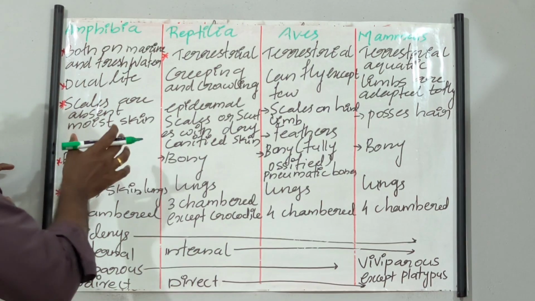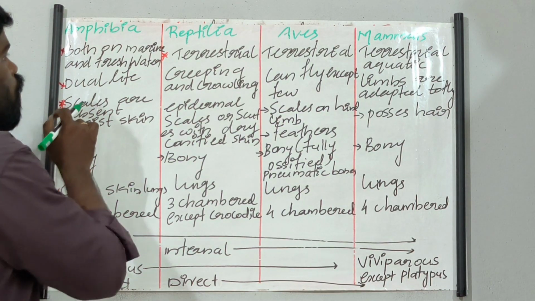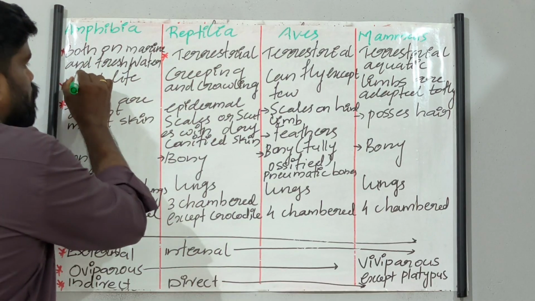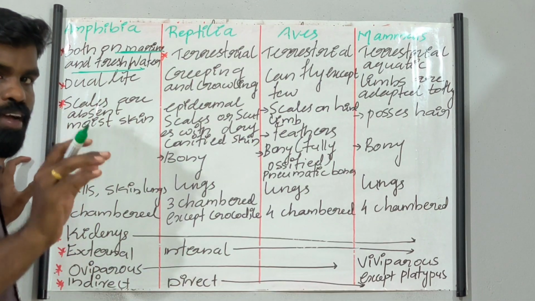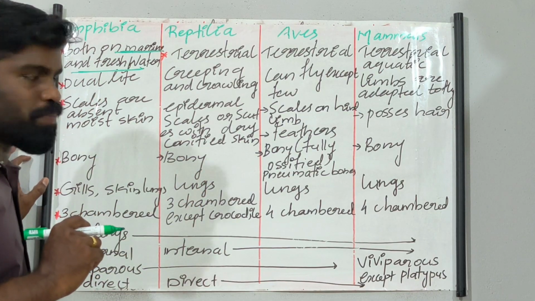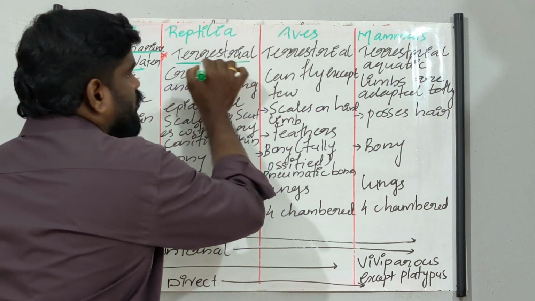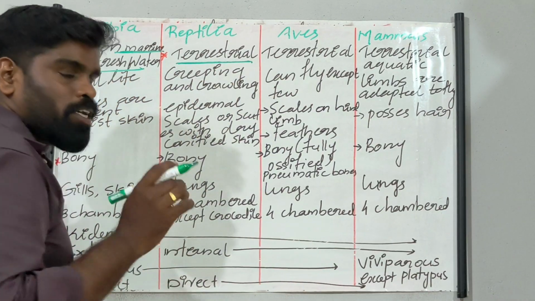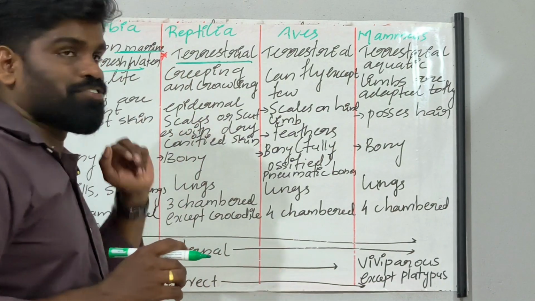Okay. Now first we can discuss habitat. In case of Amphibia, both marine as well as freshwater forms we can observe. In case of Reptilia, they are terrestrial. When we talk about the habitat of Reptilia, they are terrestrial.